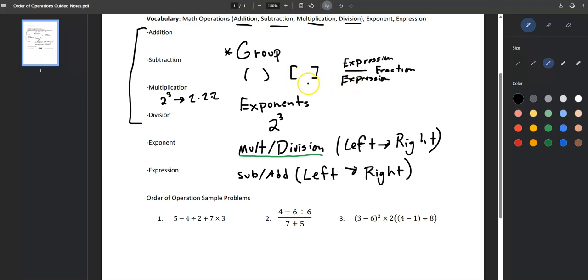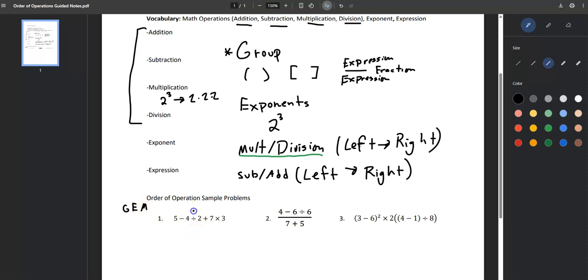So I move to the next step and look for any exponents. There are none. Then I look for multiplication and division, and I work left to right.